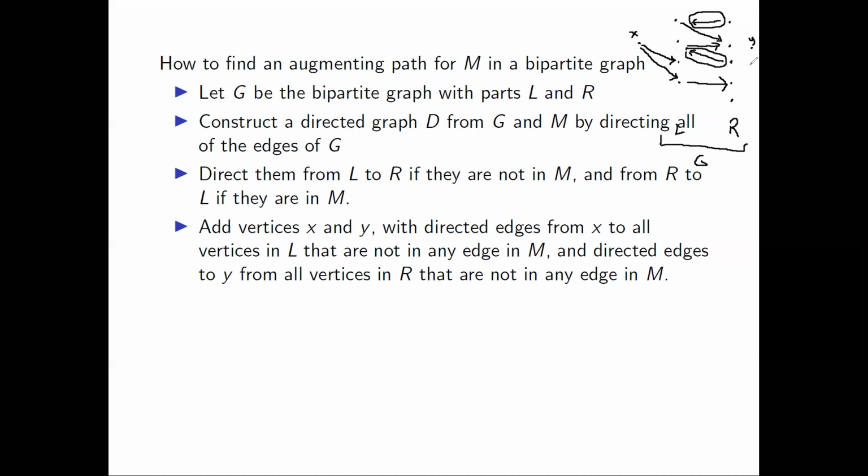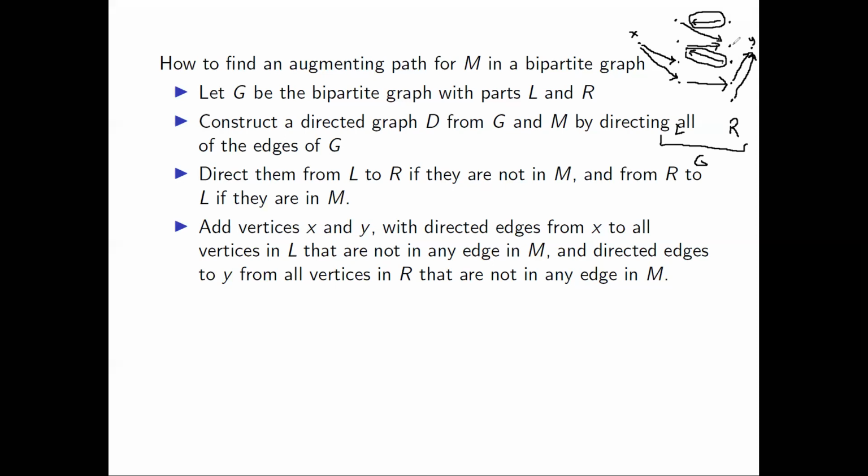Now, Y over here, we have directed edges to Y from all vertices in R that are not in any of the edges in the matching. So this one at the bottom, not in any edge in the matching. This one right here, also not in any edge in the matching. The next one up, that is in an edge in the matching, this edge right here.